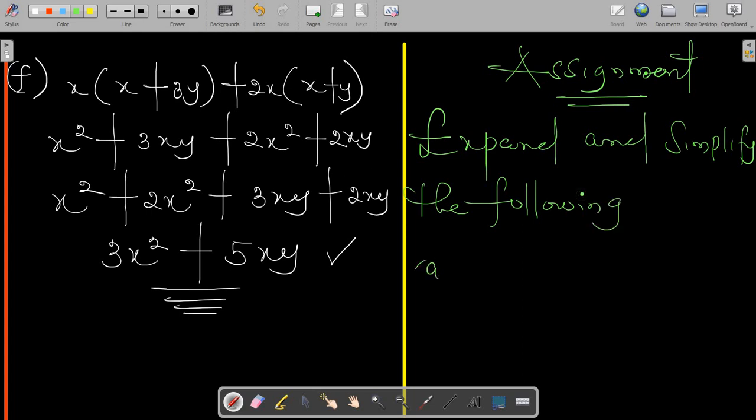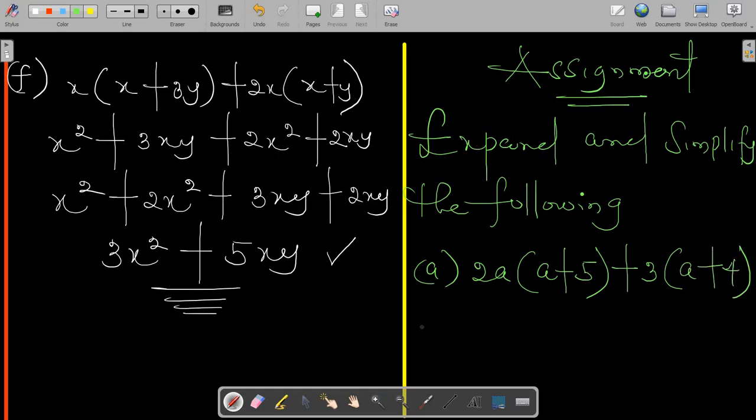I'm bringing out 5 questions for you to solve. The first one: 2a into bracket a plus 5, and this is plus 3 into bracket a plus 4. So that's number 1.